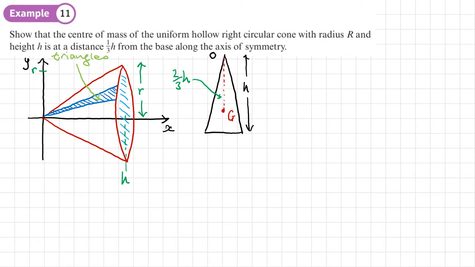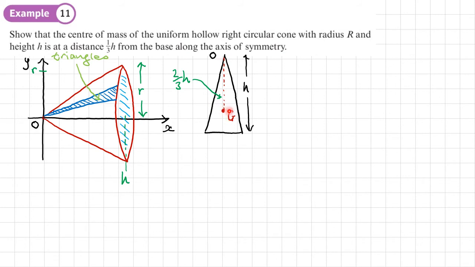Now, if we look at one of these triangles in more detail, they're all of height h, and the vertex pointed end of this triangle is going to be at the origin here. Just put O. And the center of mass of a triangle we know is 2/3 of the length of this line from the vertex end.